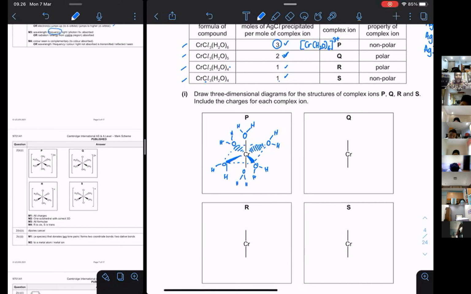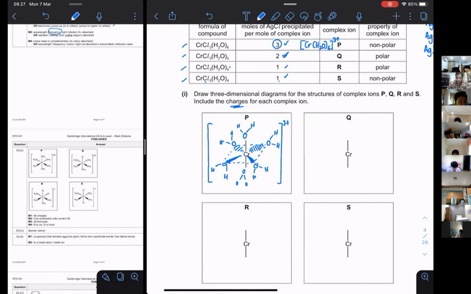Do remember they mentioned include the charges. I've already put 3 plus, so I'll just put bracket 3 plus, because Cl is Cl minus and you keep on removing. The next one: do always remember that this compound is going to have 6 coordinate bonding.